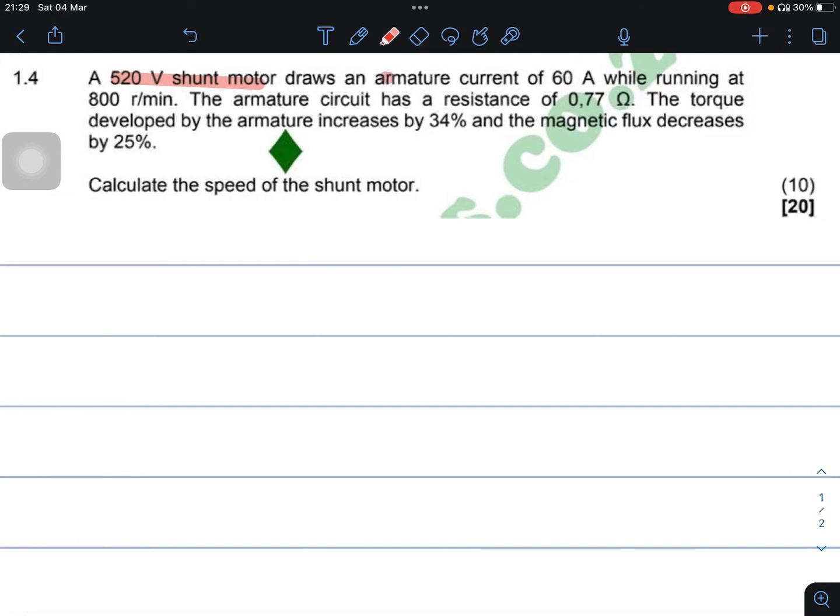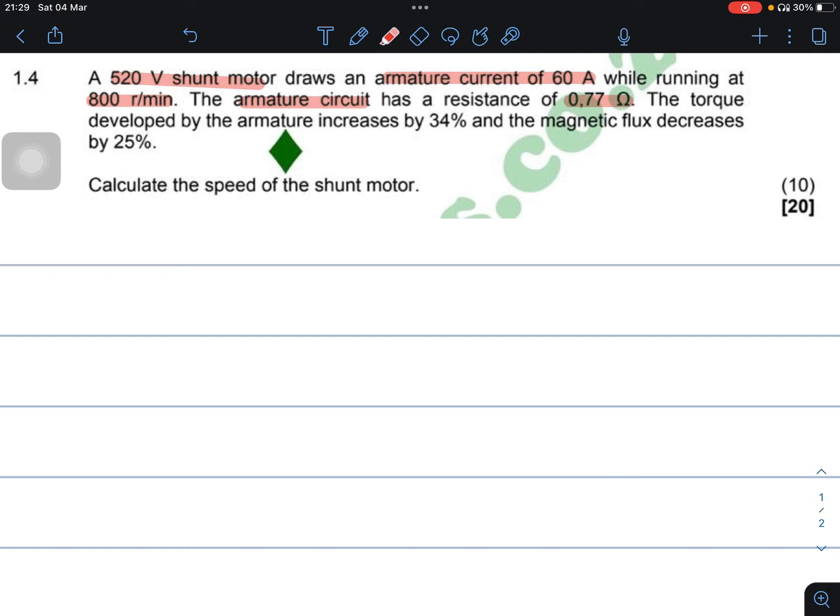Notice they are being specific that it is an armature current, when running at 800 revs per minute. They say the armature circuit has a resistance of 0.77. Notice that they say armature circuit, meaning that is RAC1, which is 0.77.